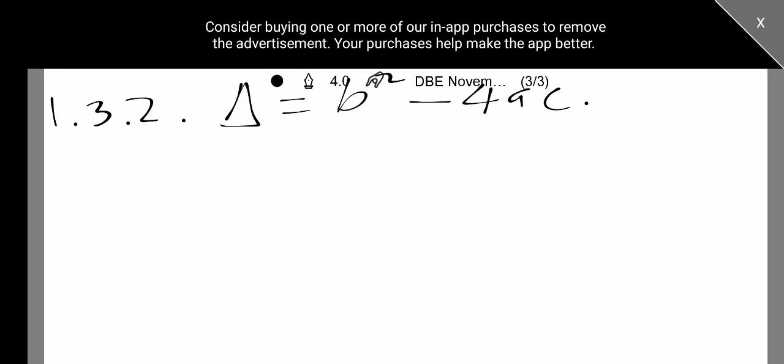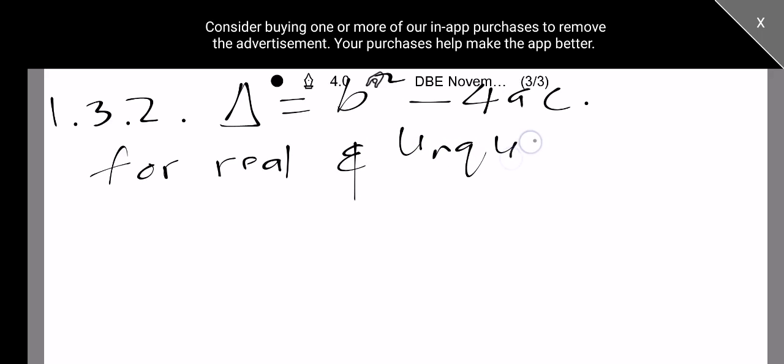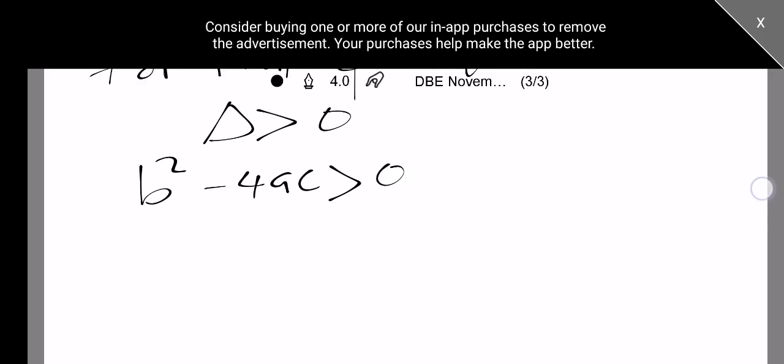In this case, the question said for unequal roots, for real and unequal roots, we're going to have delta must be greater than 0. So therefore means that b squared minus 4ac must be greater than 0.